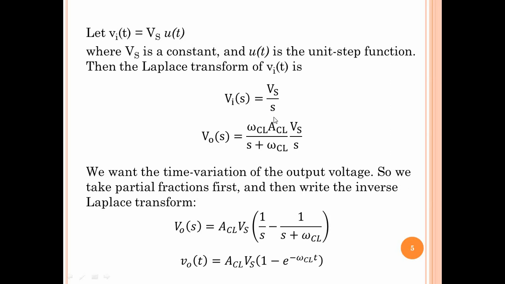We substitute that in the equation that we just derived. So you get omega CL over s plus omega CL, times Vs by s. Now we want to find Vo as a function of time, so we want to find the inverse Laplace transform of this. The way to find the inverse Laplace transform of a function like this is to do partial fractions.